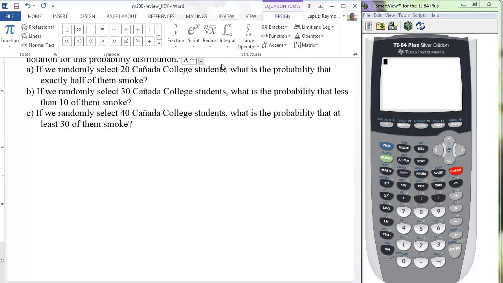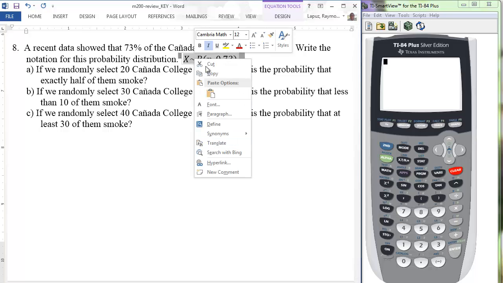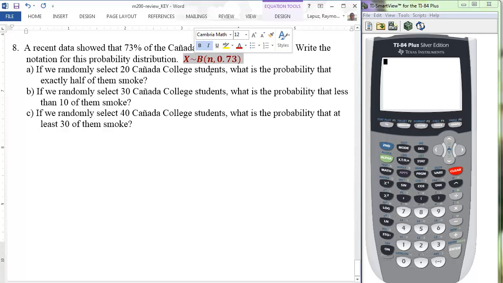It's calling for a binomial distribution, so it's a B. And then the N is actually going to change for each of these parts, because in the first one we have 20 Kenyatta College students, in the second one we have 30, and the third one we have 40. So we'll call that N, but our probability looks like it's going to be the same here. It's 0.73, 73%.